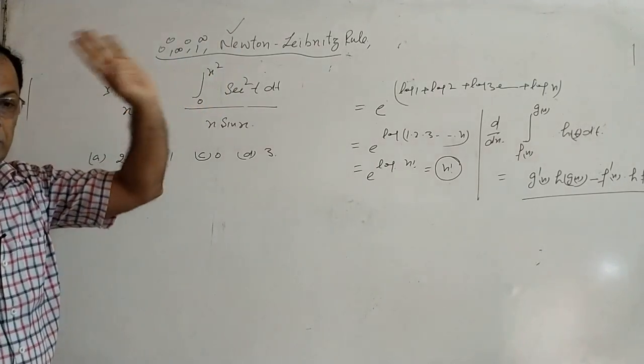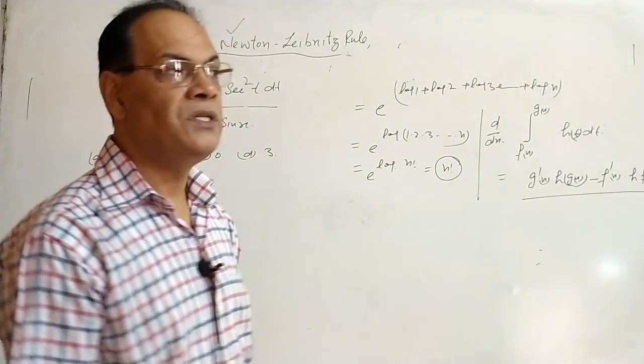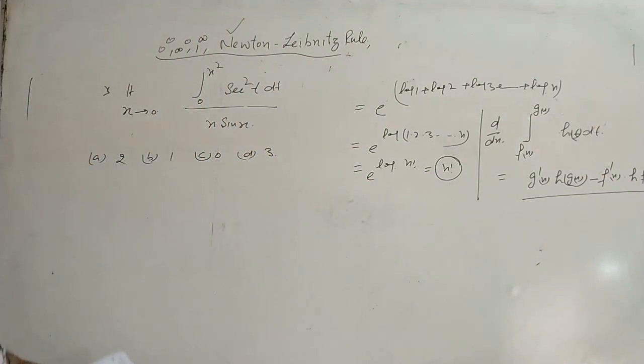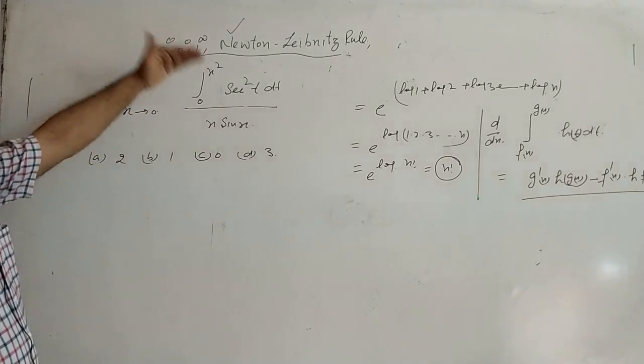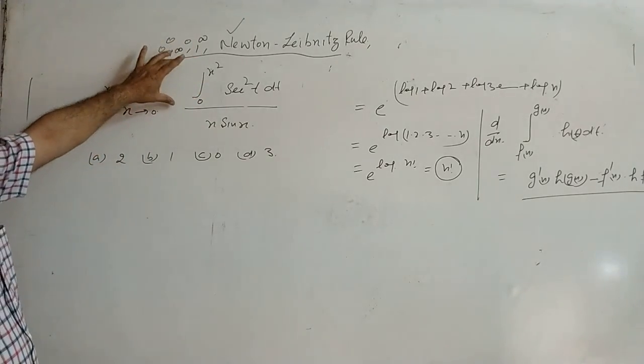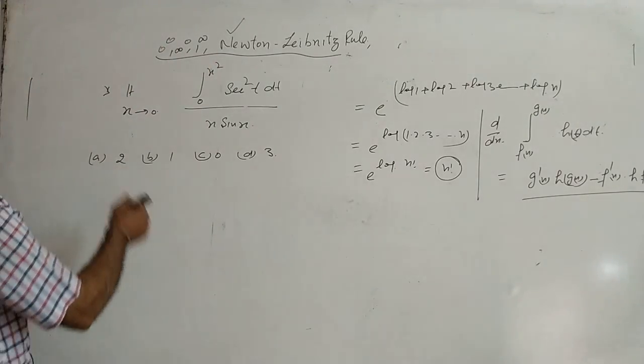So first either we should use the integration, then evaluate the limit, but here I will use the Newton-Leibniz rule. But in case of the Newton-Leibniz rule, we should use the L'Hospital rule. I will take the differentiation of numerator as well as denominator separately.